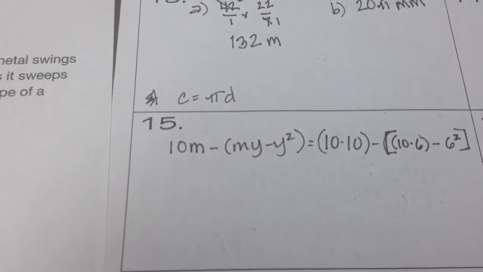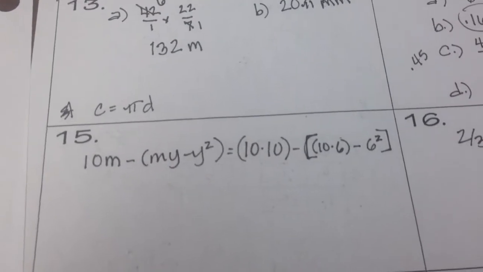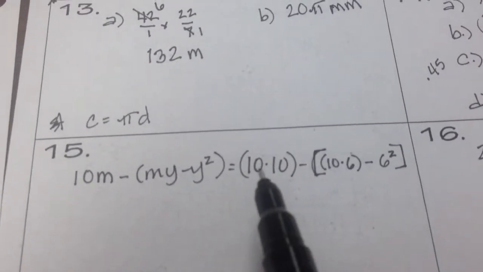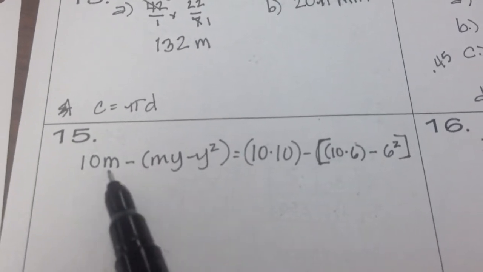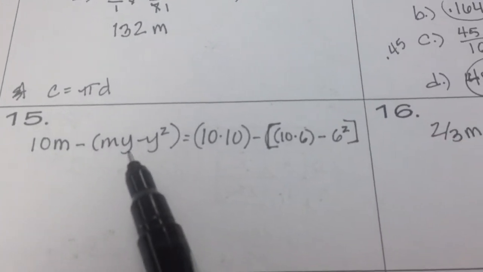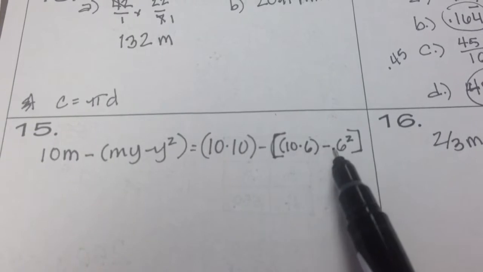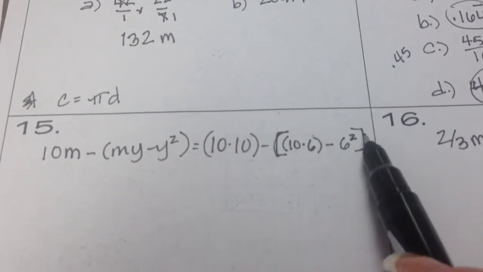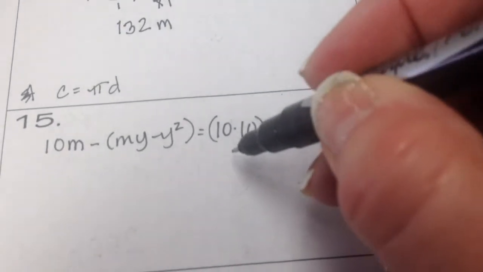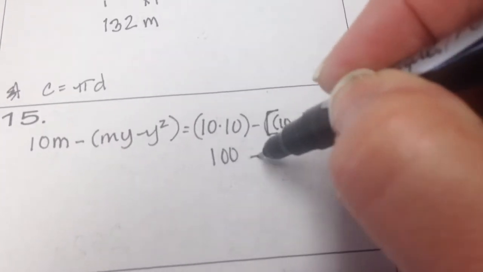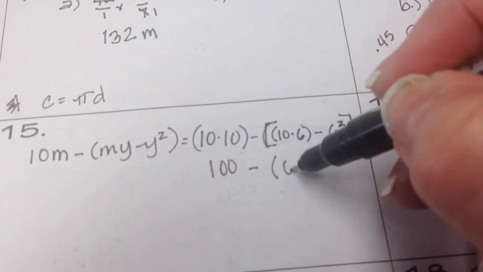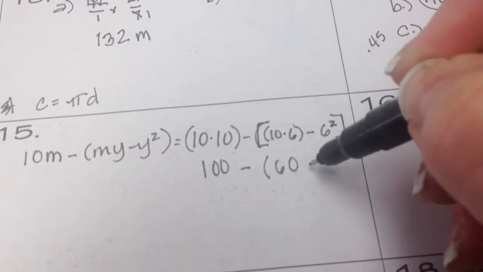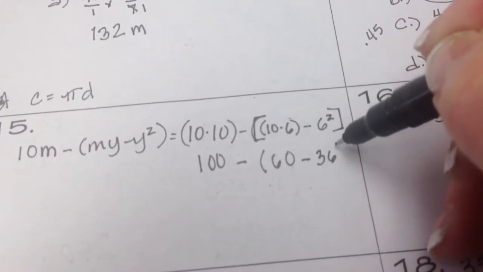All right, 15. Okay, so evaluate all of this if m is 10 and y is 6. So I just rewrote it. So it would be 10 times 10 minus 10 times 6 minus 6 squared. All right, so let's figure that out. 10 times 10 would be 100 minus, well, what's 10 times 6? 60 minus, what's 6 squared? 36.